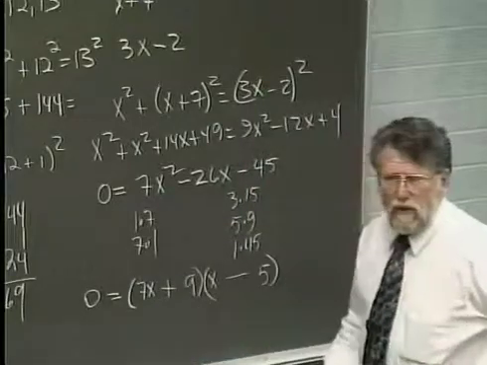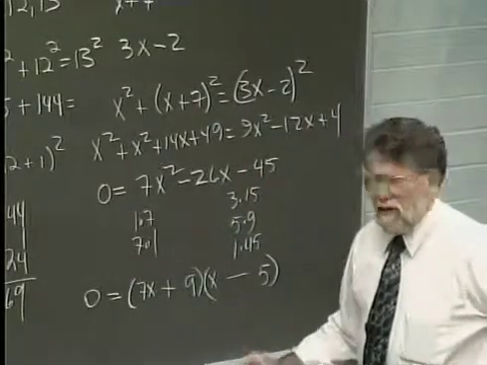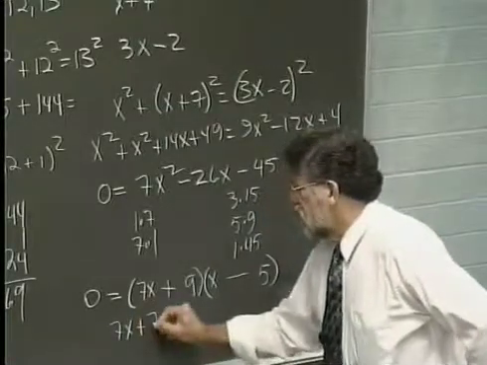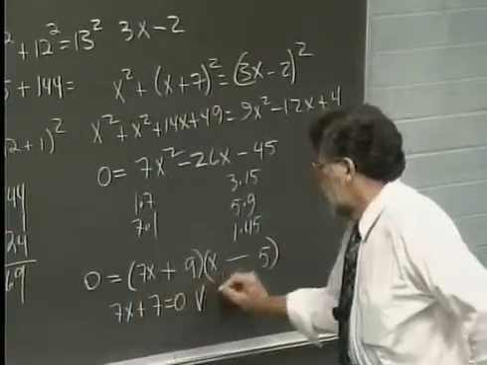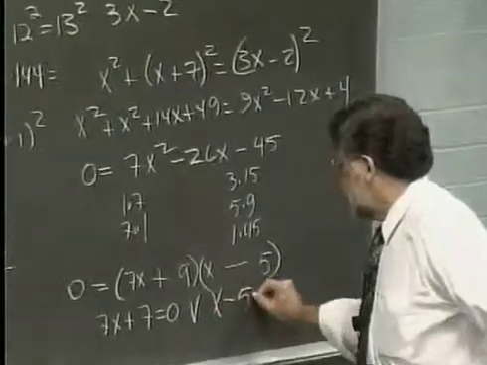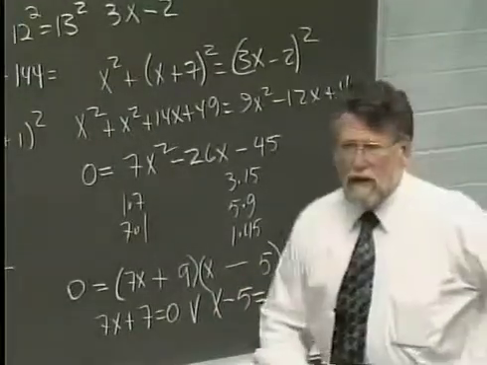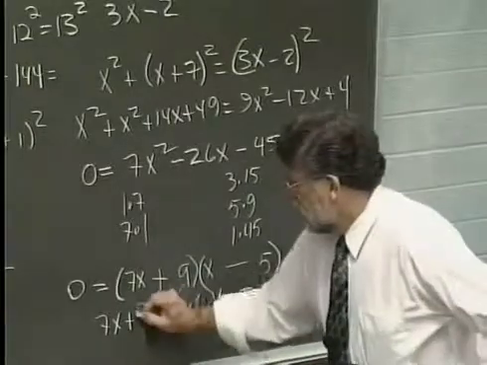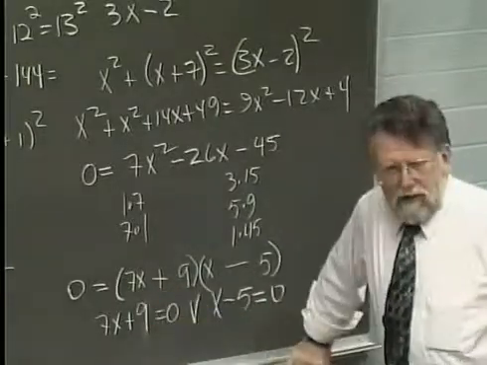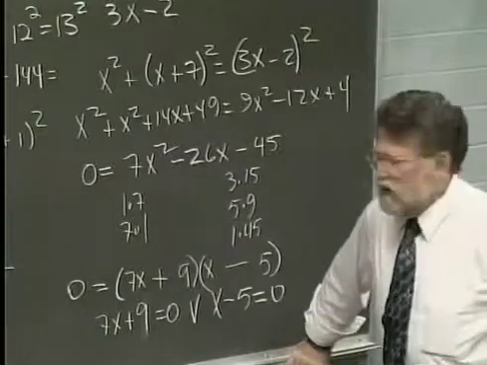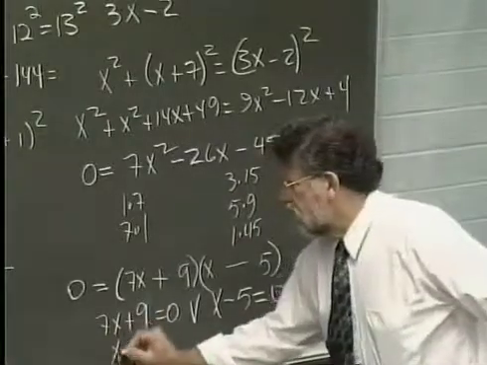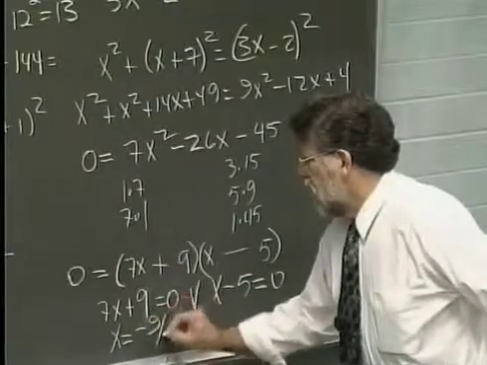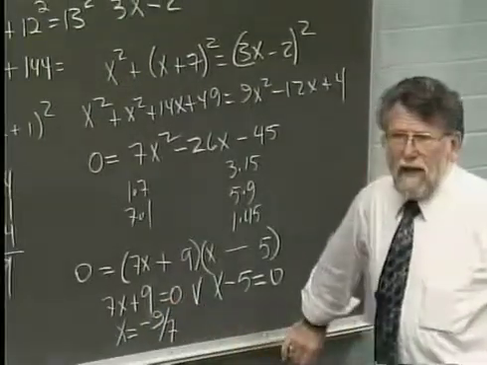Set each factor equal to 0. You may see it better on the monitor. So that says 7x plus 9 must equal 0, or x minus 5 equals 0. 7x plus 9 equals 0. So x, I'll just put this down as minus 9 over 7.